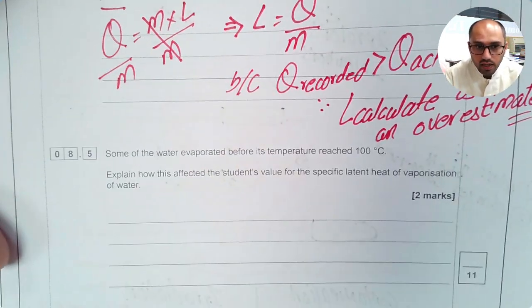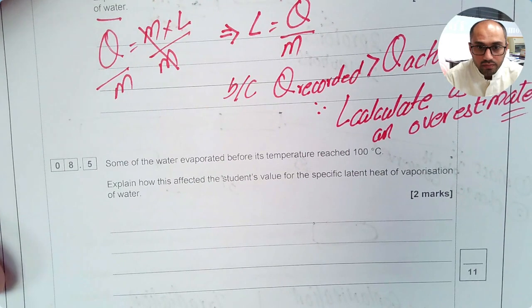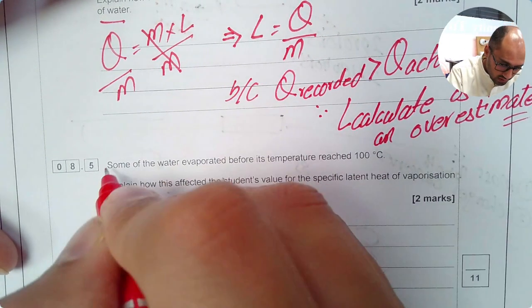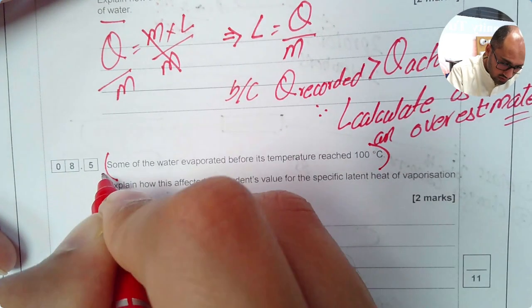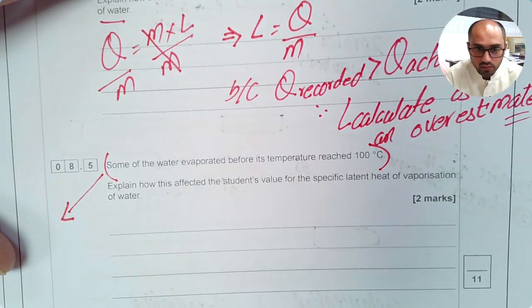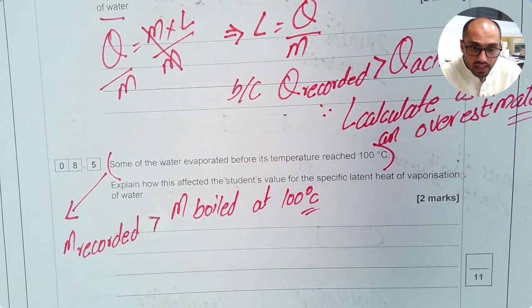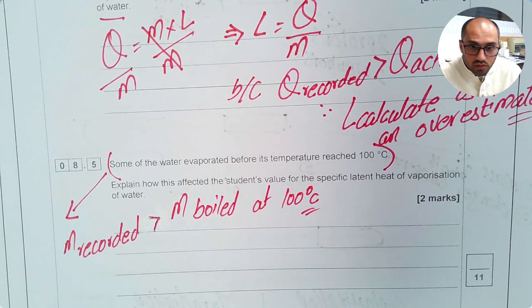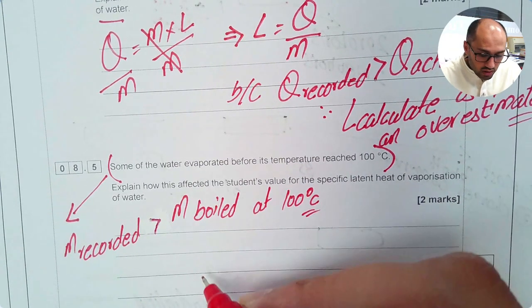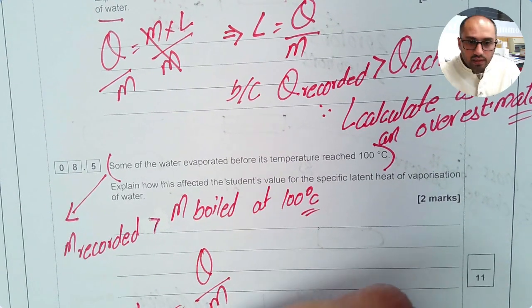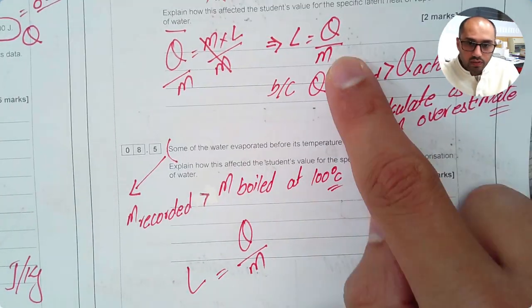Now, next part says some of the water evaporated before its temperature reached 100 degrees Celsius. So now again, this statement is important for us. It tells us that the mass recorded is greater than the mass boiled at 100 degrees Celsius. Again, if I write down my equation, Q over M equals L, I copied this equation from here.